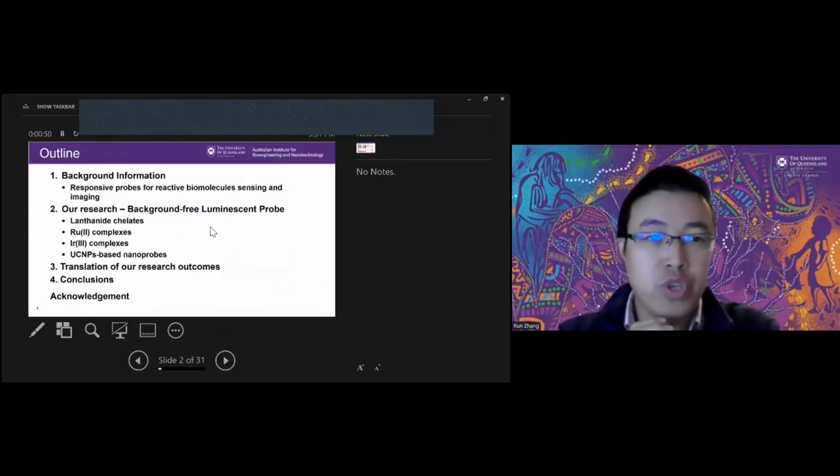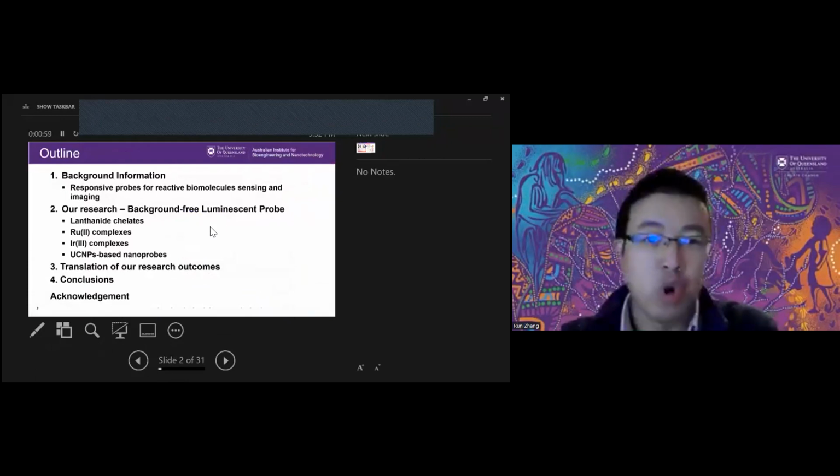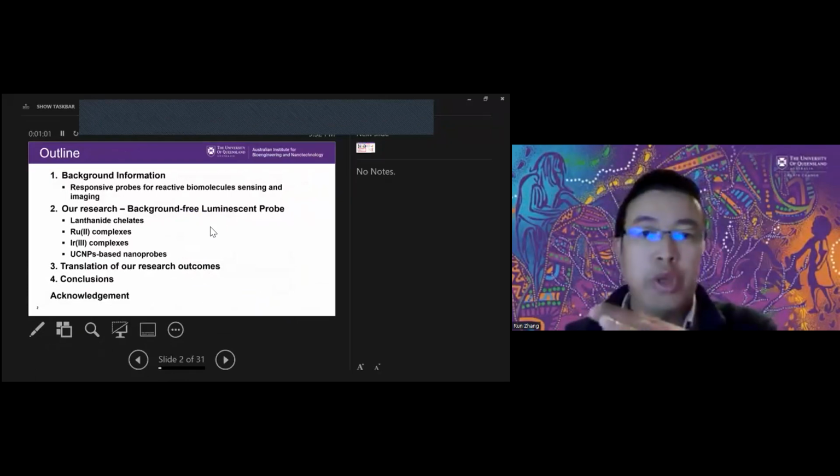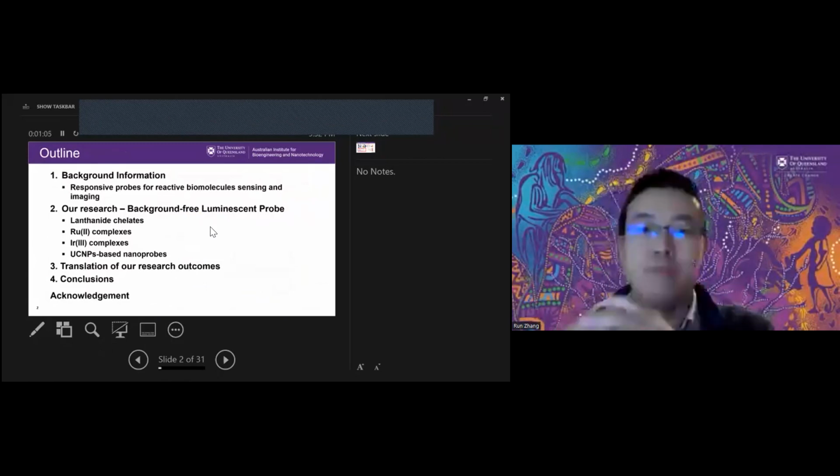First, I will introduce some background information, including the background of the response probes and also the active biomolecules, and how we can design the response probes for biomolecular sensing and imaging.